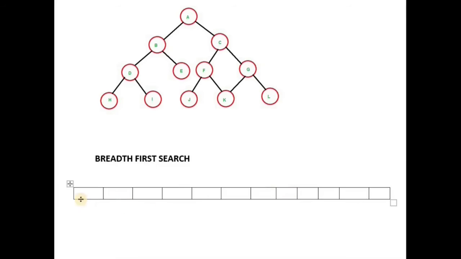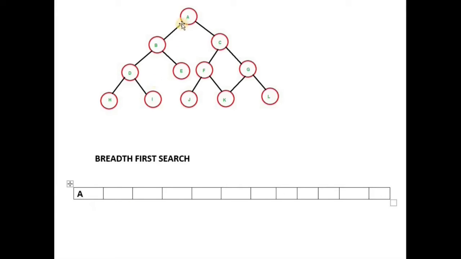Here I have a queue of 12 columns. First I am going to start from A, just like in the previous example. So I will write A here.